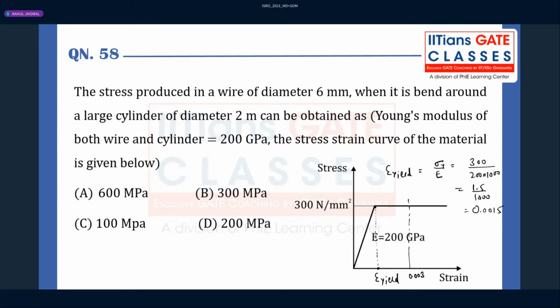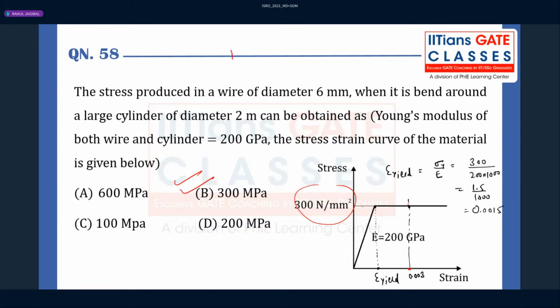So corresponding to this particular strain, which is acting in your wire material, what is the stress value? 300 only. Corresponding to this particular strain, from the graph, what is the stress? 300 megapascal.